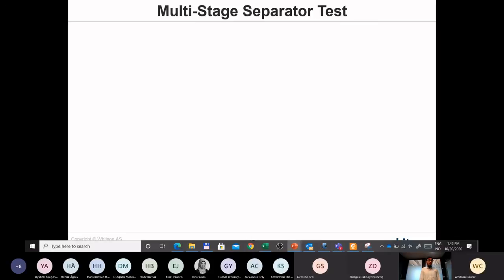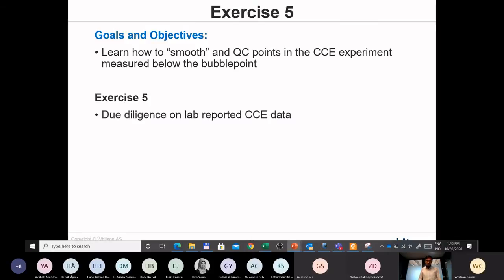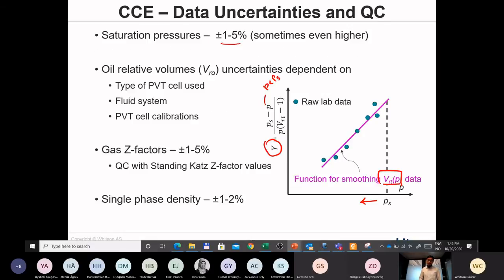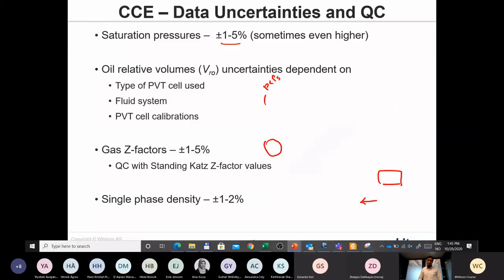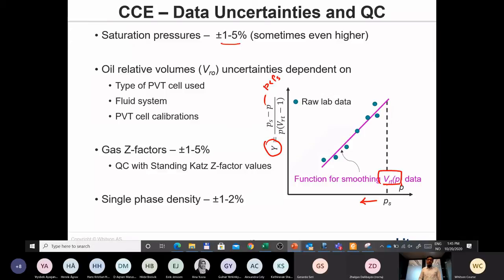In essence, the Y function is a compressibility function. I don't think it's the compressibility that we were talking about, which is the single-phase compressibility of the oil, and that's only relevant at pressures higher than the saturation pressure.